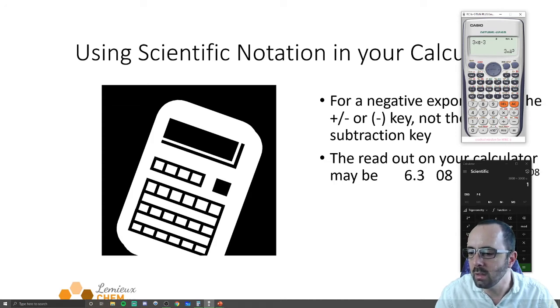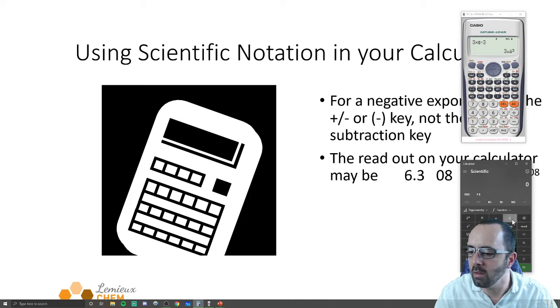And if you need help with your calculator, make sure to come to office hours so I can help you with that. Here, if we put 3 EE, this one has the plus minus 3, and that will give us, whoops, I did something wrong here, 3 EE or EXP minus 3. Notice I didn't use the subtract, I used the plus minus.